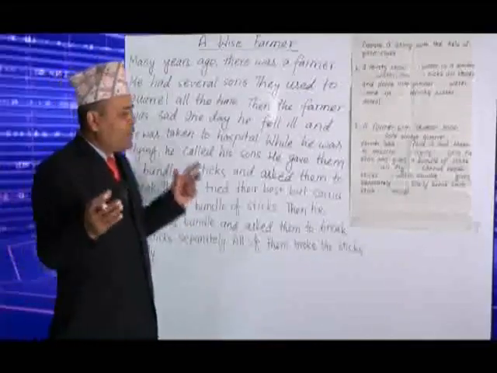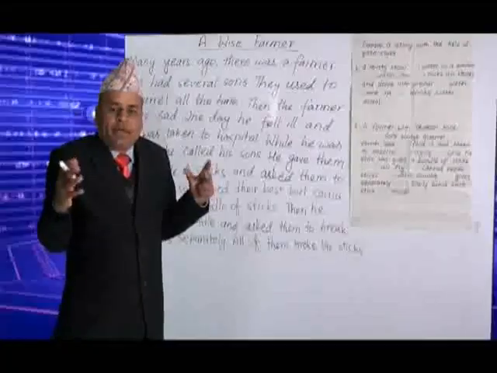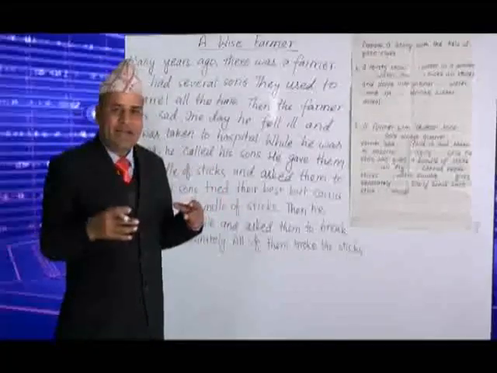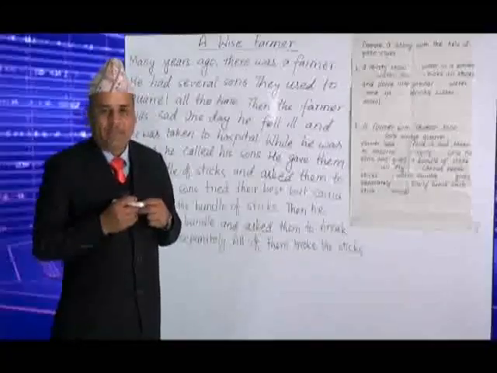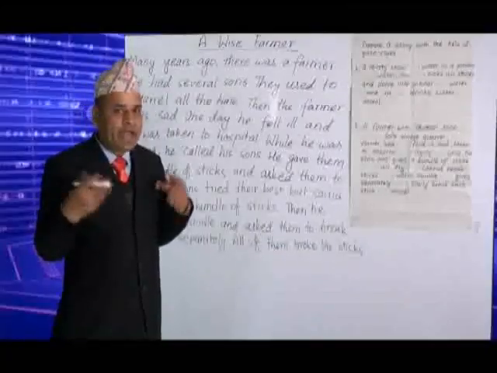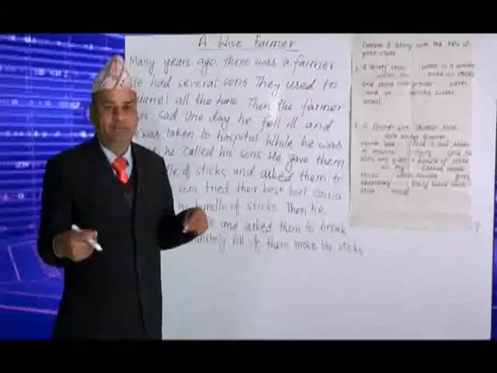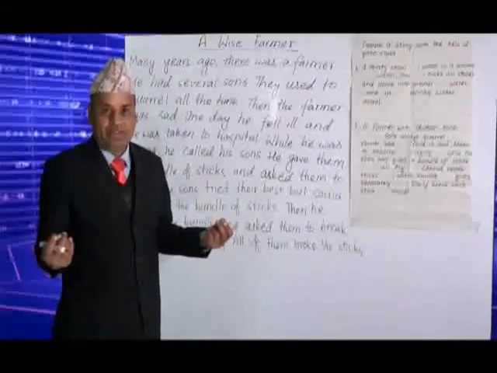And what lesson do we learn from this story? Now we have come to the end of the lesson. The lesson is united we stand, divided we fall. Unity is strength, right?